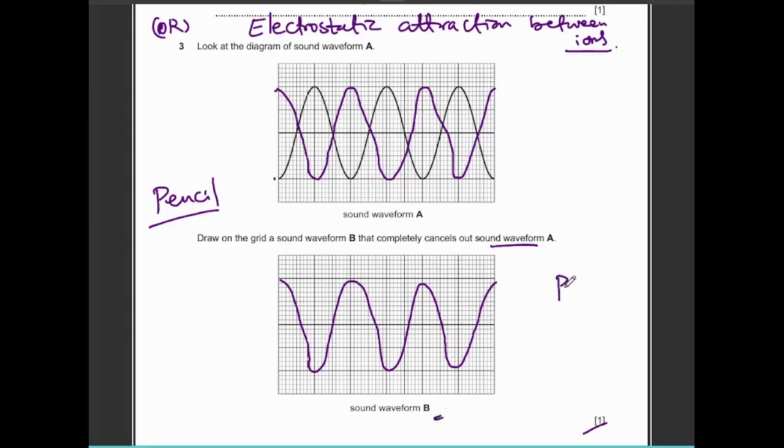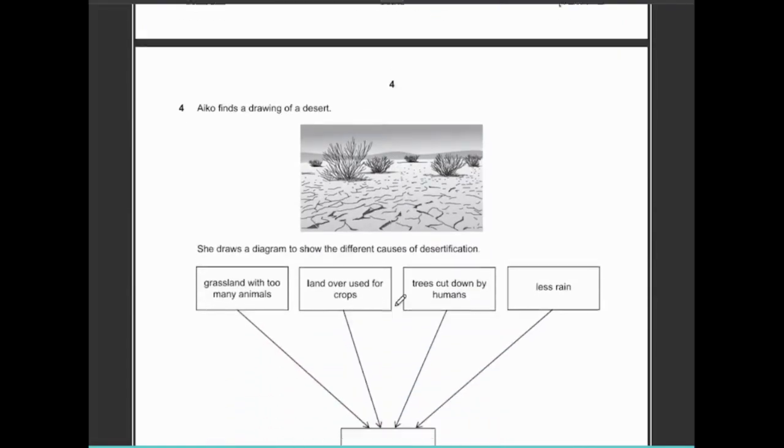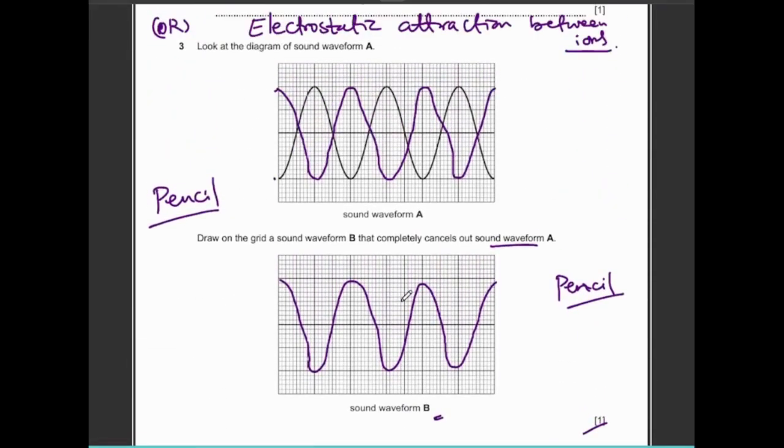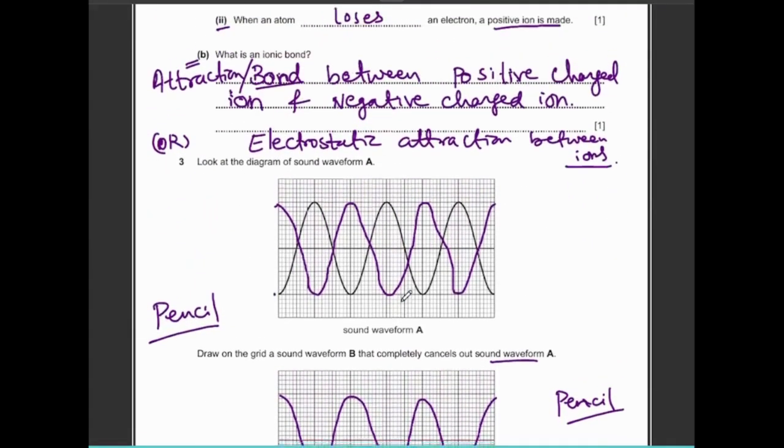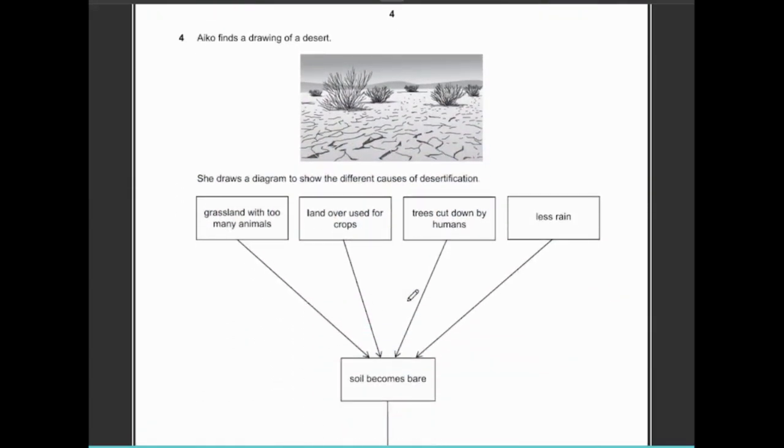Use only pencil, guys. Please remember that, because mistakes are always good for learning, but not in the examination hall. Okay, let's move to the next one. And that gives you how many marks? 1 mark for the third question. Oh, that's pretty low.